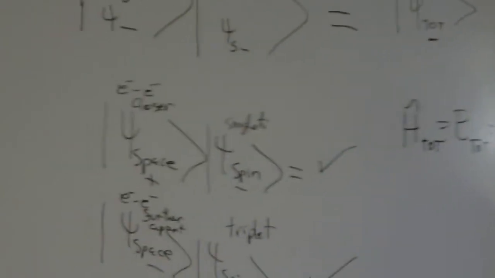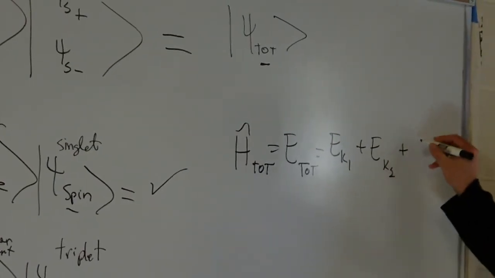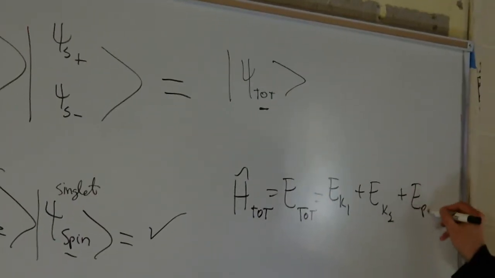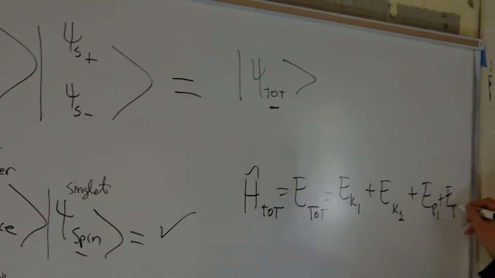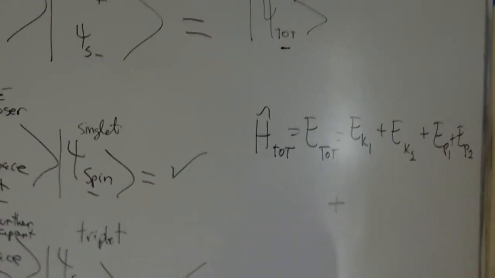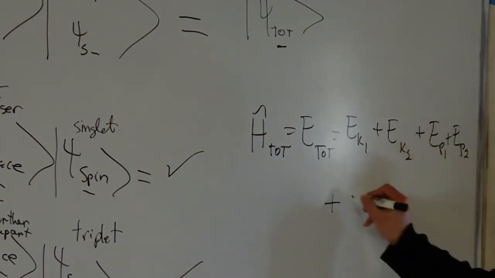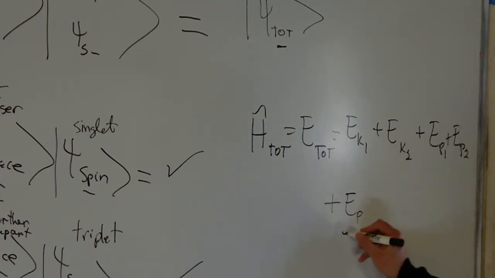I have the potential energy, so I'm going to have the two potential energies, EP1 plus EP2. But I have one more potential energy, the repulsion between the two electrons. So this is EP electron interaction.